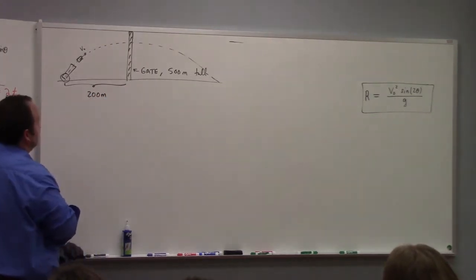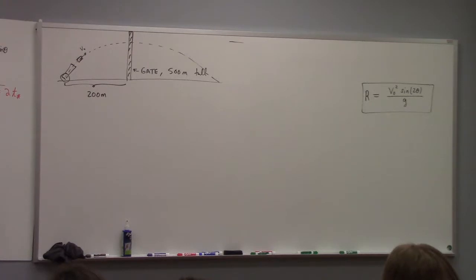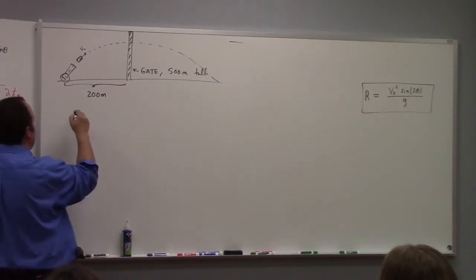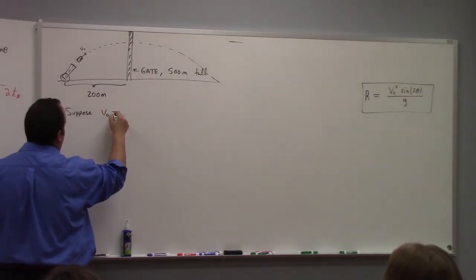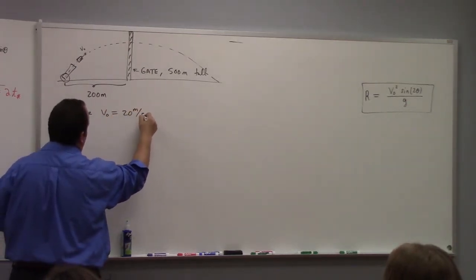And suppose, further, that the cannon shoots its cannonball with a velocity of, let's say, 20 meters per second, just for the sake of discussion. Suppose v naught equals 20 meters per second.